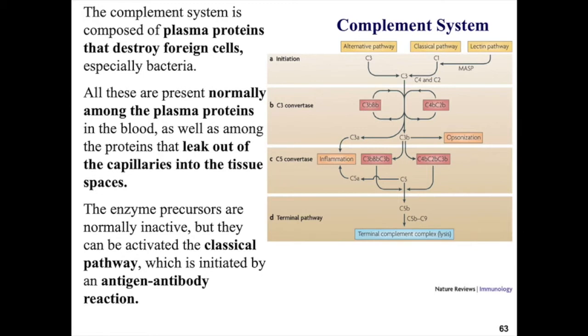The most important for us, because we can't cover everything, is the classical pathway. The classical pathway is activated by an antigen-antibody complex. So when the antibody binds to an antigen, it will activate the complement.